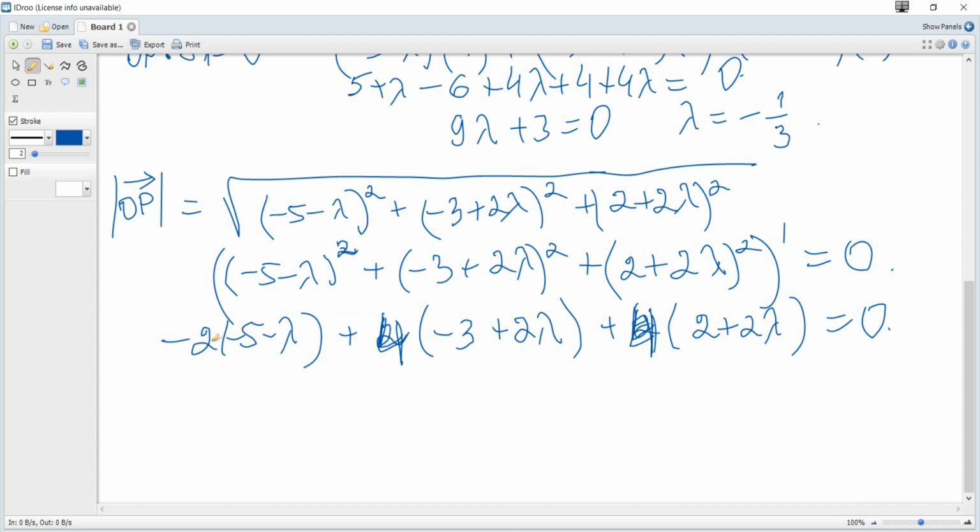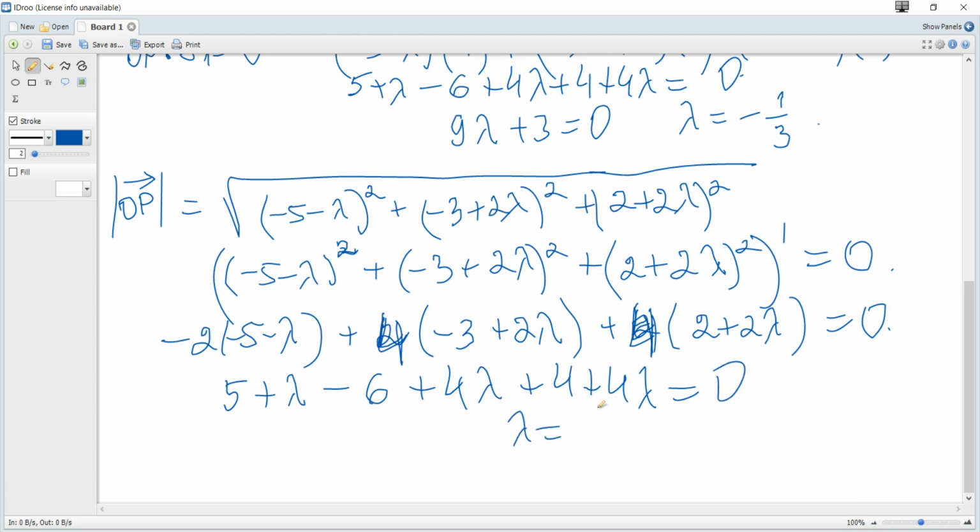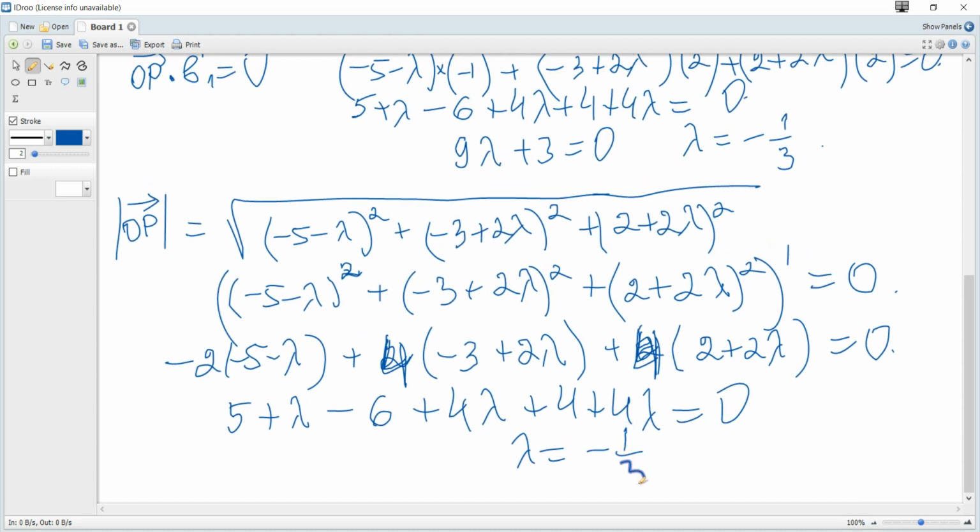We can divide each term by 2 and open parentheses and get 5 plus lambda minus 6 plus 4 lambda plus 4 plus 4 lambda is 0, and absolutely the same result. Lambda is -1/3.